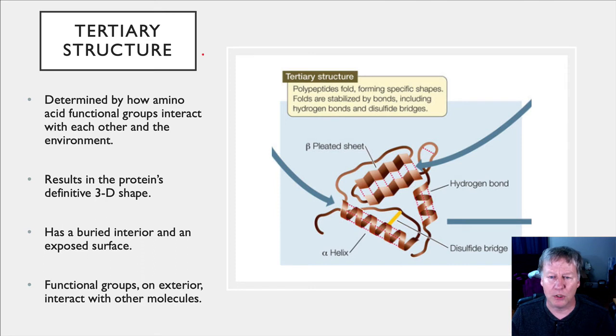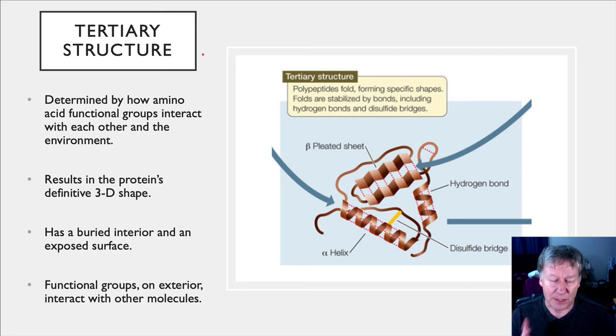They do not like water, and so they will seek shelter in the middle of the protein, surrounded by the other groups so that they can avoid the water. So as you can see, this very quickly starts giving us a very unique and pretty complicated 3D structure for our protein. This is shaped by the different functional groups that are present and how they interact with each other and interact with the surrounding environment, particularly water.